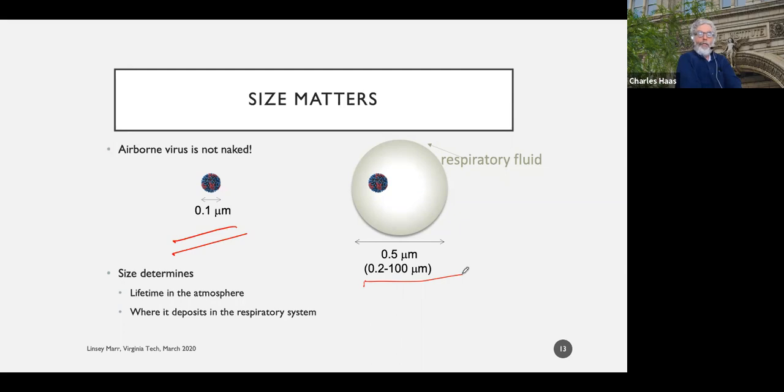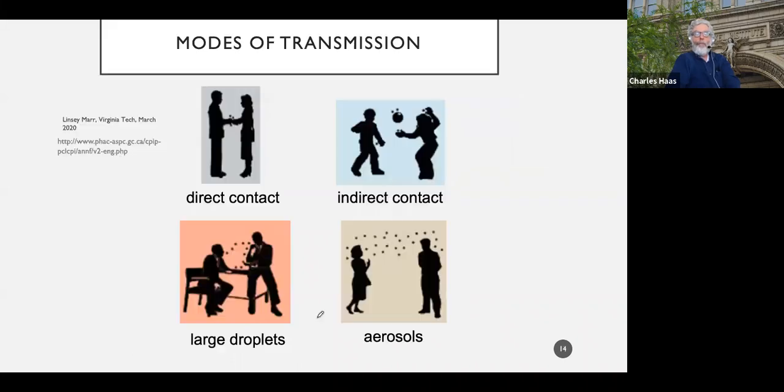The size determines what the lifetime is in the air before it settles out, and when it's inhaled by another individual who may be susceptible, where it deposits in the respiratory system, and could it potentially cause a case in another susceptible individual.